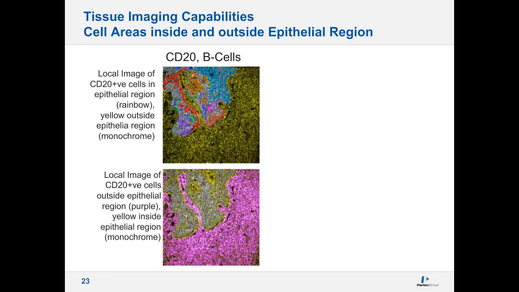And this is more telling when we look at, in this particular case, a tissue that was stained with several different markers: the cytokeratin, the CD20 B cells, and CD4 cells. So we can start to look at the subpopulations of these immunological phenotypes.